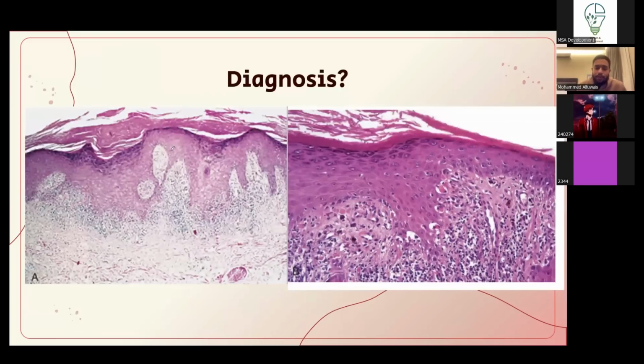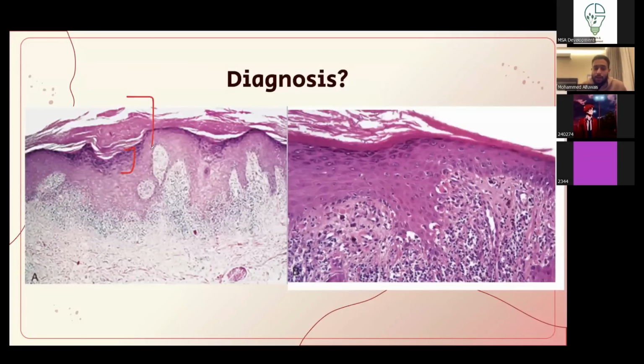Now, what do I call this change over here? Sawtooth pattern. If I tell you sawtooth pattern in any of these skin lesions, just say lichen planus. But there are other things happening in this lesion. Firstly, what's happening to the granulosa cell layer? You'll have hypergranulosis.